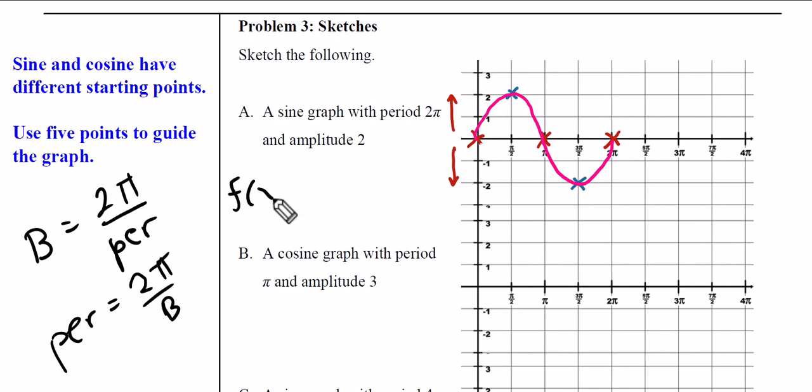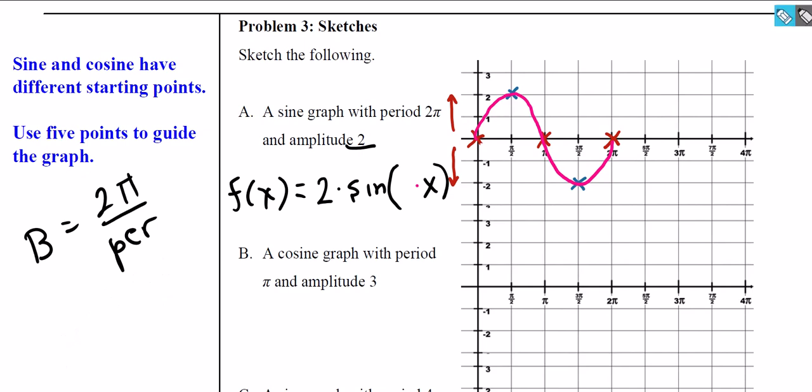I'm going to make f of x. This is not inverted. It has an amplitude of 2, so you know that's 2 times sine. Okay, but now I need to worry about the b value for this x. So I need to know what number goes right here. It could be a fraction. It could be a large number. We don't know. But if I use this formula to get b, well, we just said the period of this thing was 2 pi.